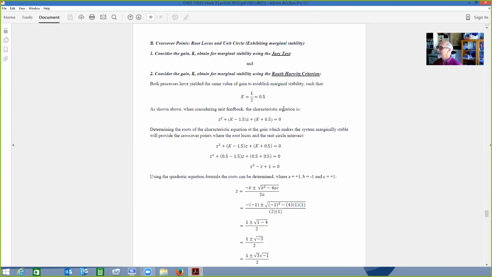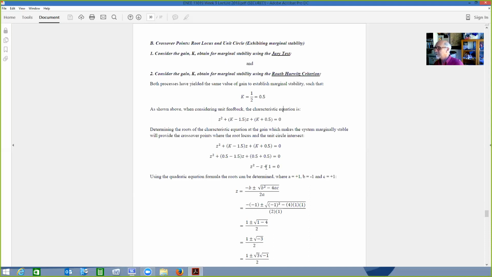Then taking that particular characteristic equation, determine the roots of that characteristic equation at the gain which makes the system marginally stable, which will provide the crossover points where the root locus and the unit circle intersect. So plug in your values of 1.5, 0.5. And in particular, we're saying that the gain is K equals 0.5, so we've got our correct expression.